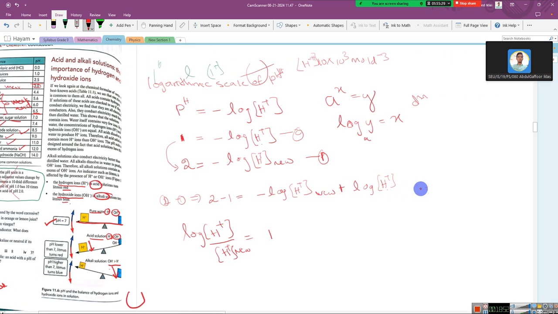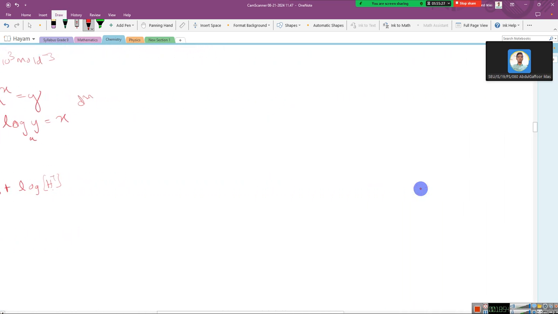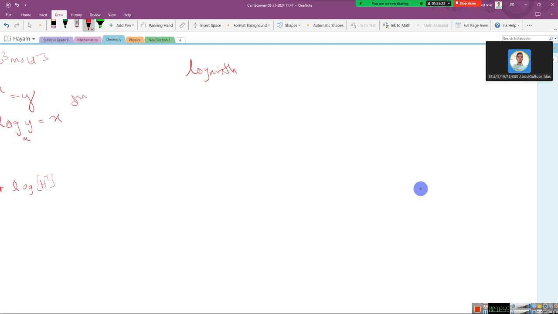First let me explain this concept of log. Logarithms have some rules, like log 10 power 2. I already told you log is the inverse of indices, and we have already studied exponents.